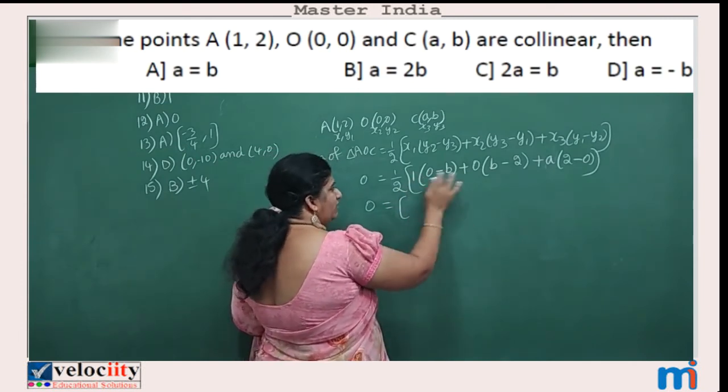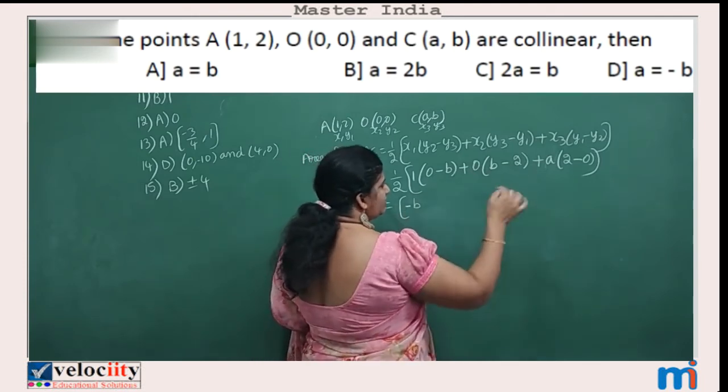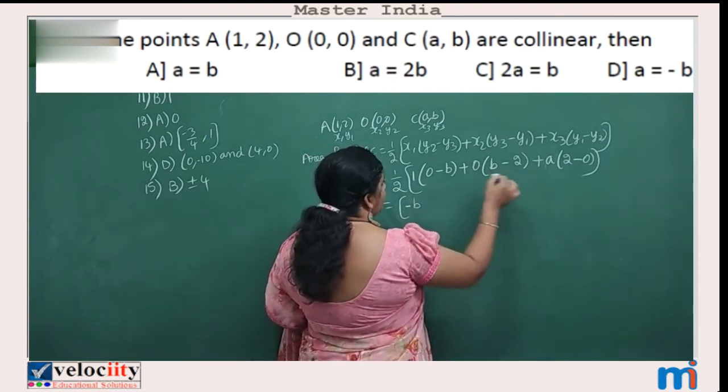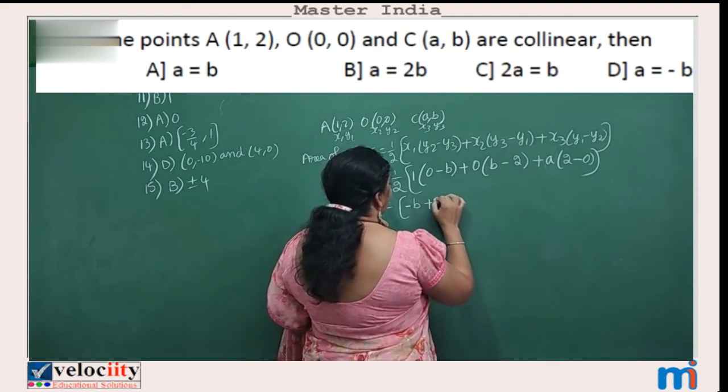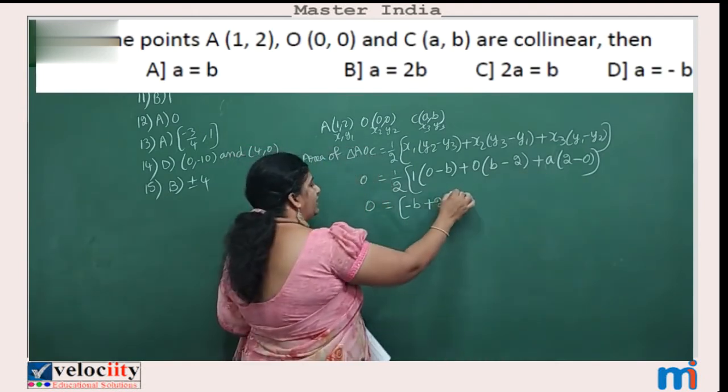No need of writing that. 1 into minus b will be minus b. 0 into anything is 0. Plus a into 2 will be 2a. A into 0 is 0. No need of writing that.